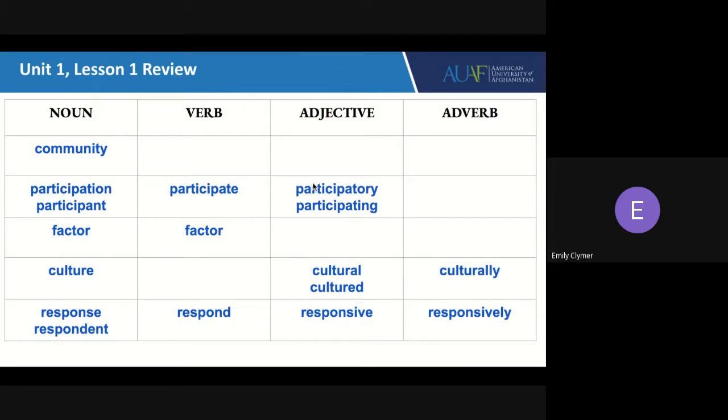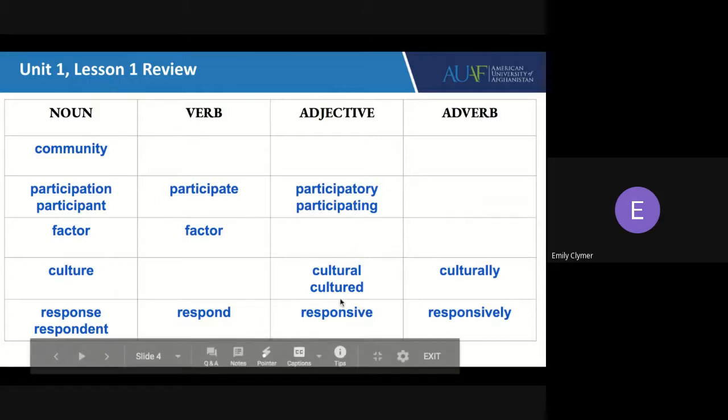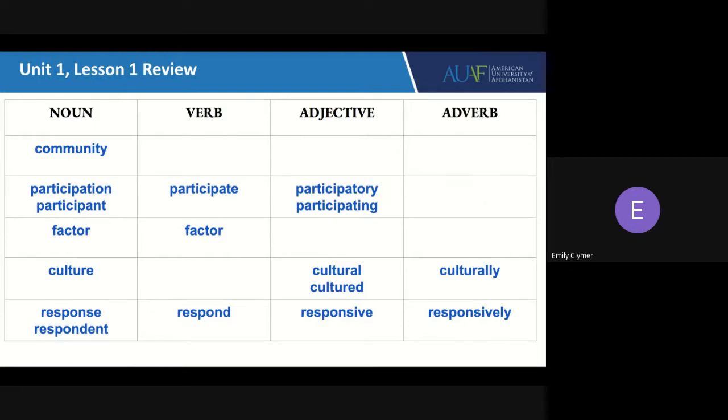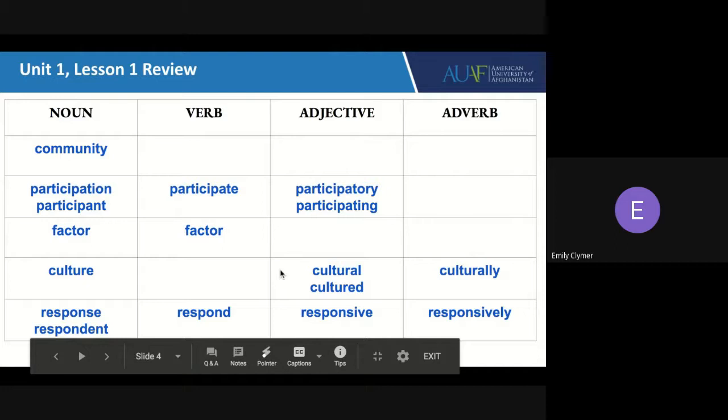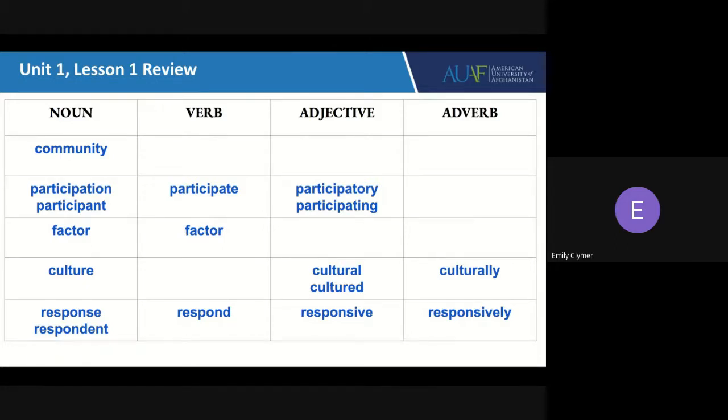That participatory and participating is an adjective. Sometimes the ing can make someone think it's a verb form, but in fact, adjectives can take on an ing form, as well as if you look here, the word cultured has an ed form, but that's going to be the adjective form of the word. If you do have any questions, definitely jump into any of my office hours, and I am glad to help.